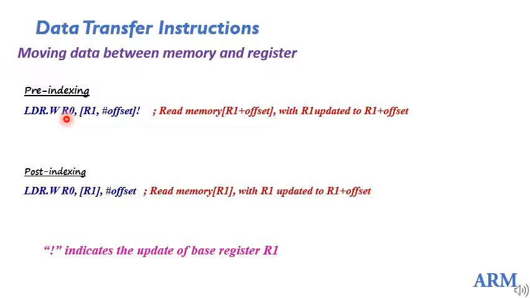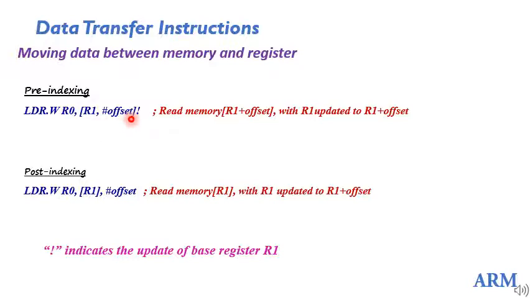In assembly language terminology, the square brackets indicate contents of the memory location. The same notation is used here in the instruction as well.